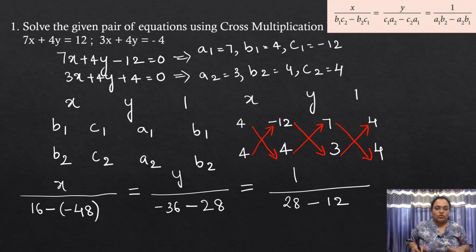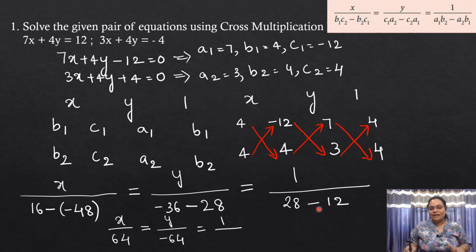Okay. So if you simplify further, this will be 16 minus of minus is plus 48. 16 plus 48 is 64. So x by 64, which is x by 64 is equal to y by minus 36 minus 28, which is minus 64, is equal to 1 divided by 28 minus 12 is 16.